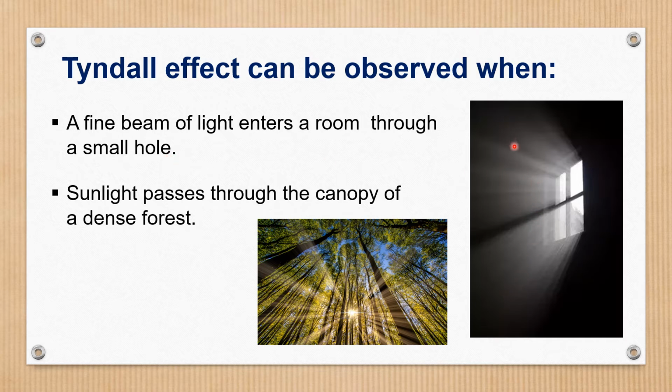This is because of the scattering of light by the particles of dust and smoke in the air. Next example: the Tyndall effect can be observed when sunlight passes through the canopy of a dense forest. In the forest, mist contains tiny droplets of water which act as particles of colloid dispersed in air.